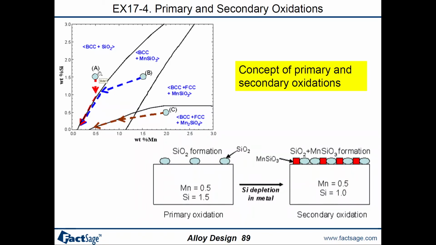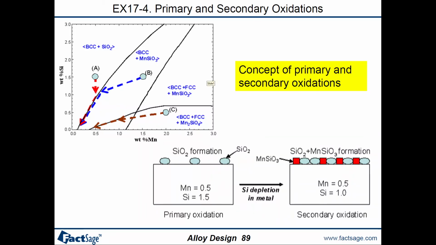Now, due to SiO2 formation, the silicon at the surface gets depleted, then the surface composition drops in silicon and drops until at this composition, what will happen is simultaneous precipitation of SiO2 and MnSiO3, because this is the phase boundary, and then this composition will follow the phase boundary where both SiO2 and MnSiO3 will form simultaneously, and there the MnSiO3 is the secondary oxide.